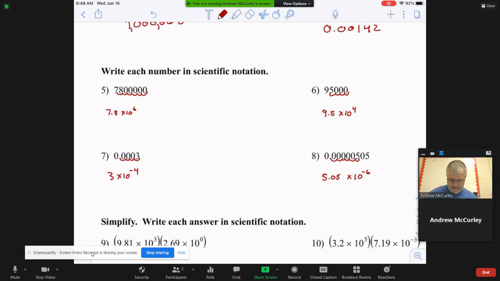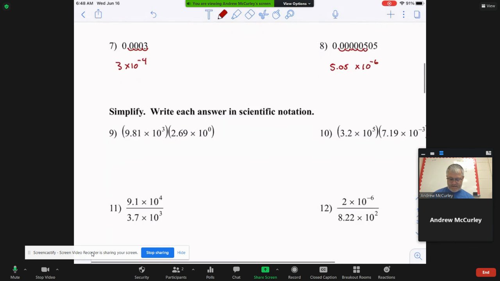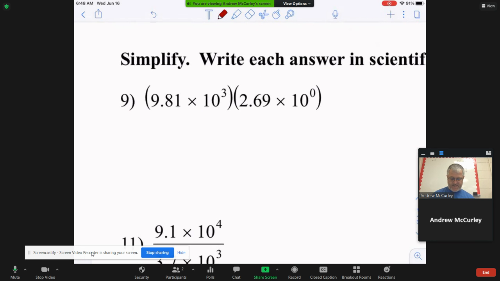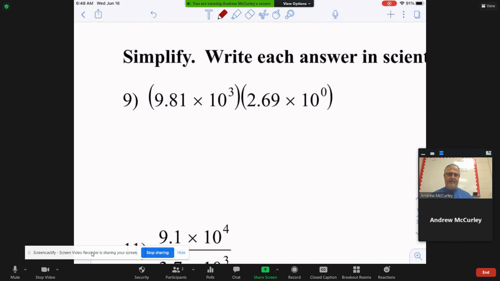Never mind. All right, let's talk about multiplying numbers in scientific notation. So when I see people do this, they sometimes will just use the calculator, or they do whatever. We're going to multiply, divide, and take them to powers. So I'm going to multiply 9.81 times 2.69.